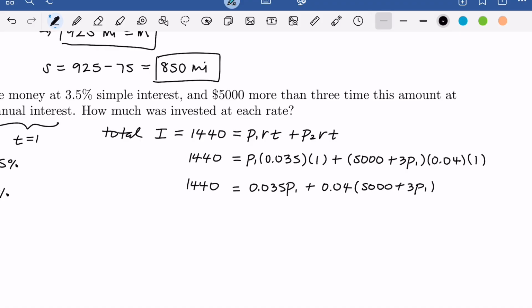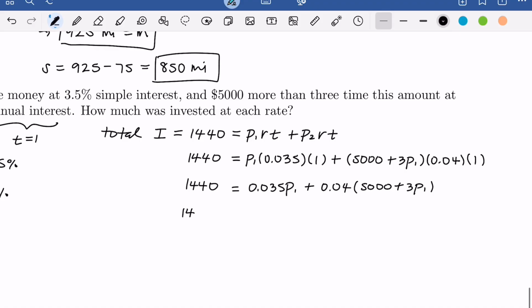Okay, so from here, let's start simplifying this. We're going to have this guy as is, but we can distribute the 0.04 to everything inside of our parentheses. And just something to note here is that I'm going to keep working with these decimal amounts because I'm comfortable with it. But if you would prefer, you can multiply all of these by a certain power of 10 to get these into whole numbers.